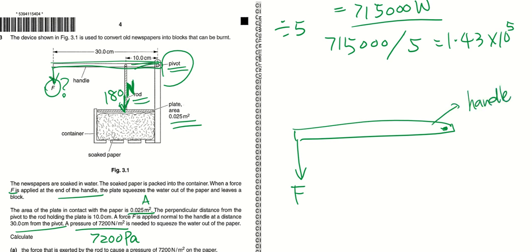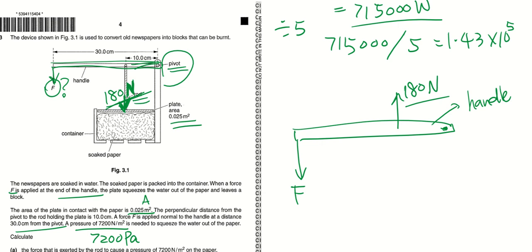Okay, now if the 180 newton is pressed down on the newspaper, it is actually going to press up with a 180 newton force back on the handle. I say again, the handle presses this plate down with a force of 180 newton on the newspaper. By Newton's third law, the newspaper is going to exert back 180 newtons.